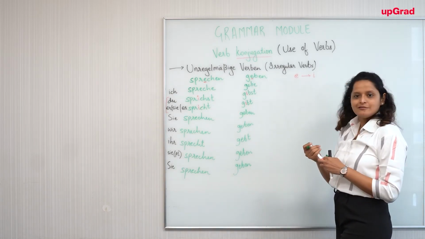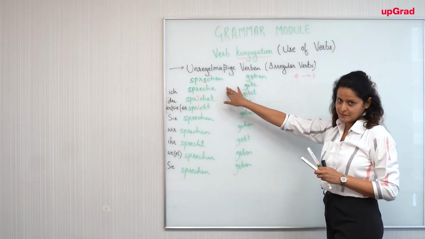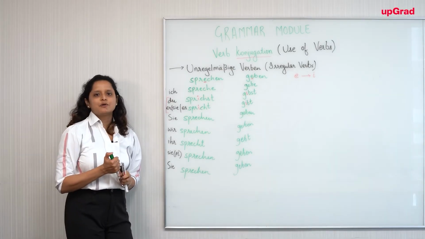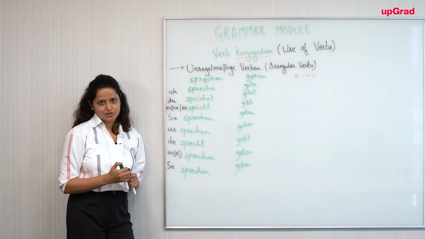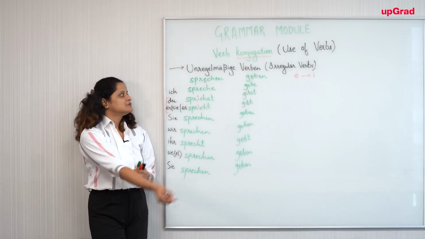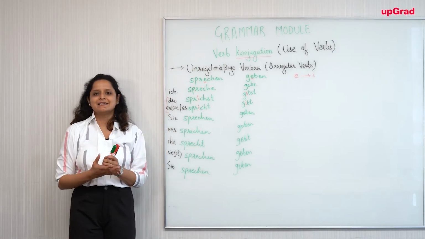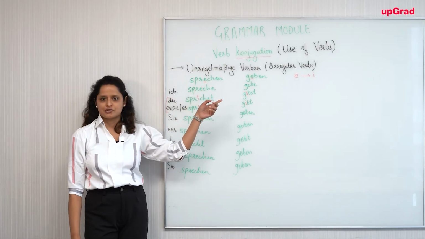Okay, so let's look at it from the point of view of an example. Sprechen is to speak. So let's take the language Deutsch. When you speak a language, you use this word. If I say as a first person, I can say ich spreche Deutsch.